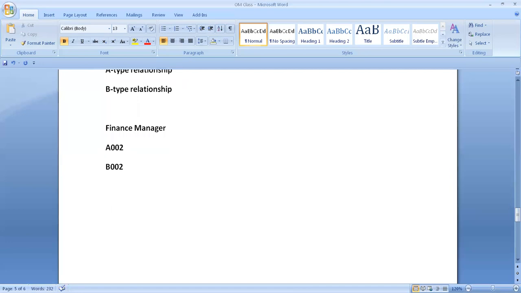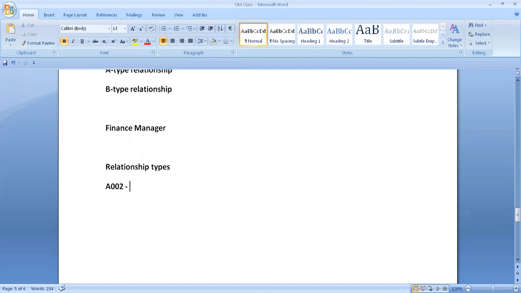So similarly, you can go ahead and understand what all of these are, which you can maintain ready-made. For example, what are this A002 relationship types? So I can maintain these relationship types. Let me maintain relationship types. For example, A002.